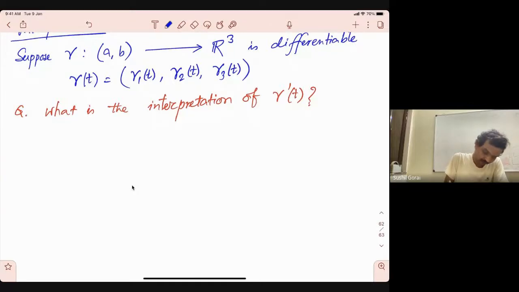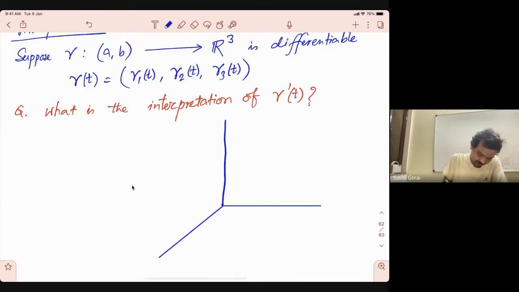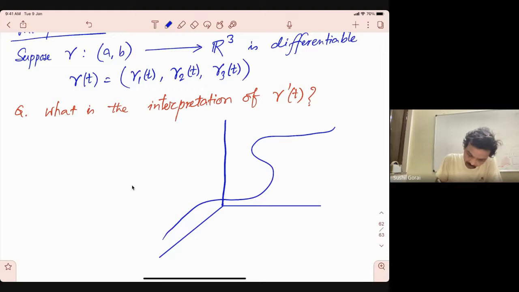So let us try to draw the picture. Suppose you have some curve. At each point, this is gamma t naught, let's say.